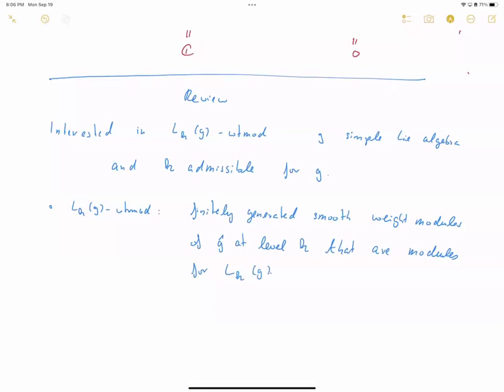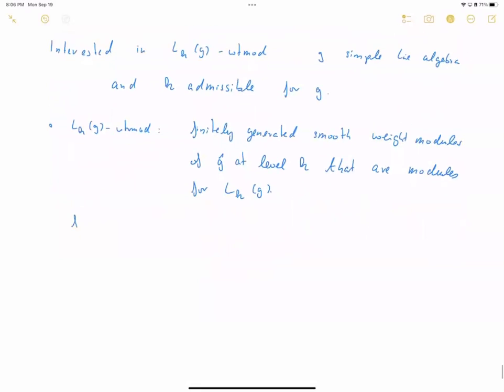Now, this category has a few features that one might claim to be unusual. Namely, what are usual VOA categories that you look at? Usually, you're looking at lower bounded modules.